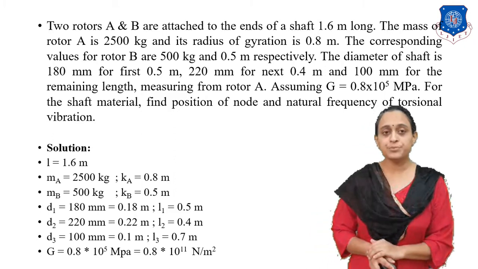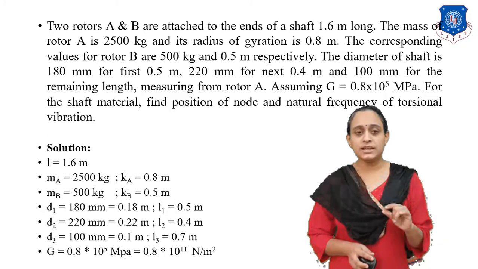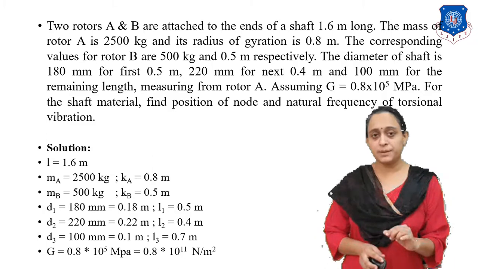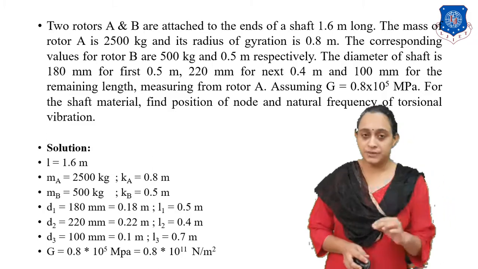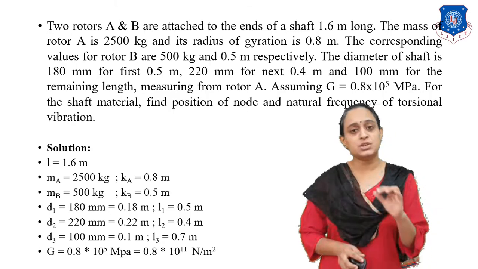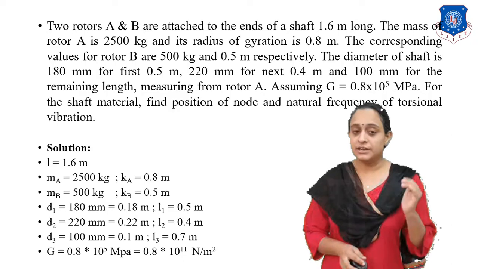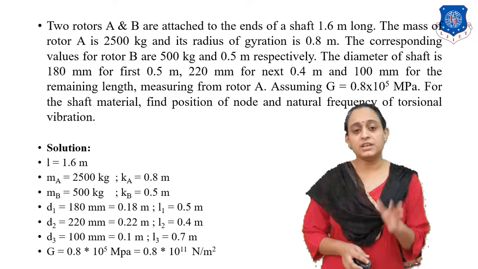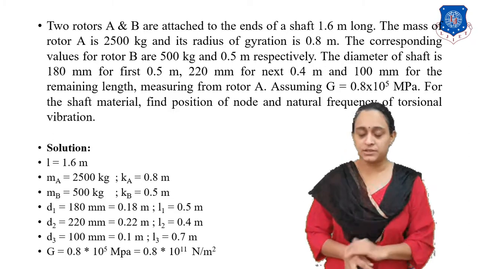Now, as you see, we have to write down the data. What is the total length? It is 1.6 meter. Mass A is 2500 kg. Radius of gyration is 0.8 meter. Mass B is 500 kg and radius of gyration is 0.5 meter. Diameter D1 is 180 mm, D2 is 220 mm and D3 is 100 mm. So that we can write 0.18 meter, 0.22 meter and 0.1 meter respectively.